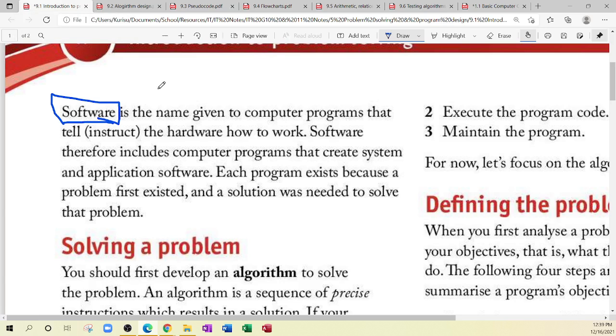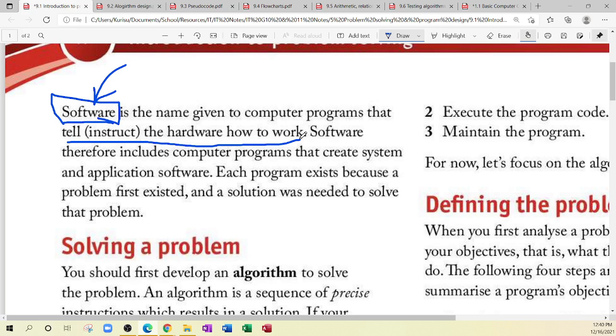You can have the fanciest keyboard, the fanciest CPU, the latest CPU, the fastest CPU. But if you do not have software, your hardware will not work. Why is that? Because your software is what tells the hardware how to work.